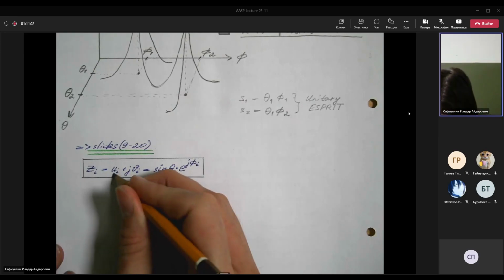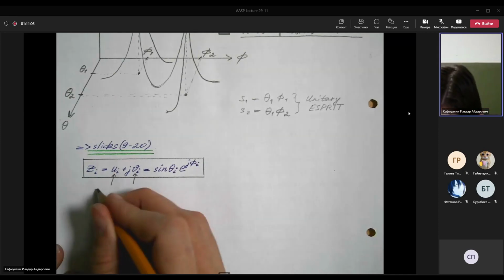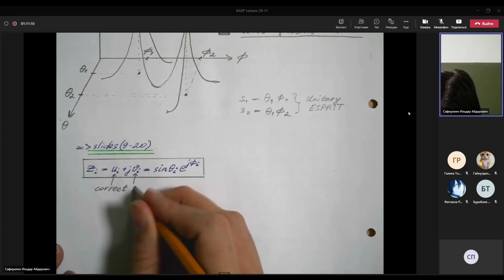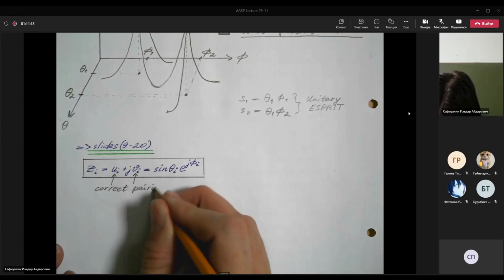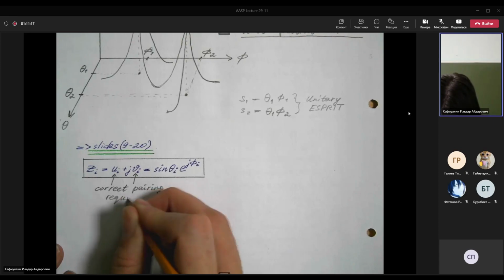So this one and this one, correct pairing required.